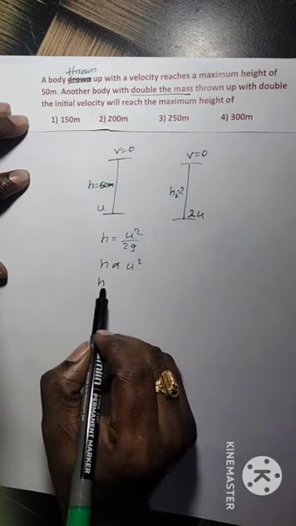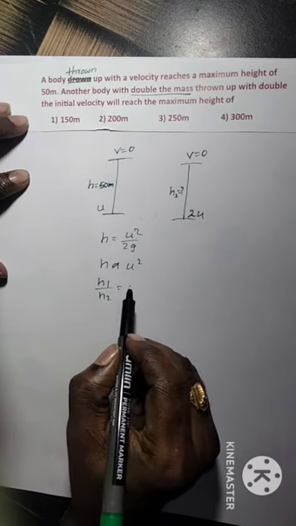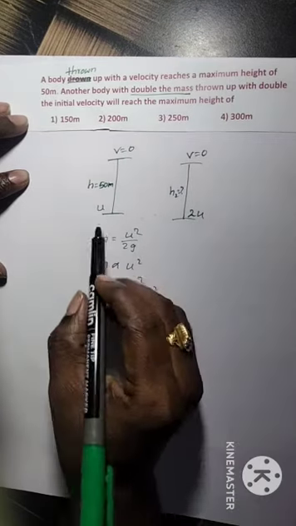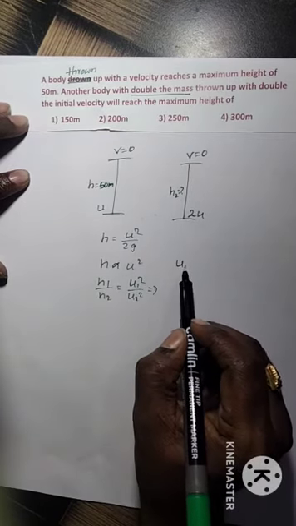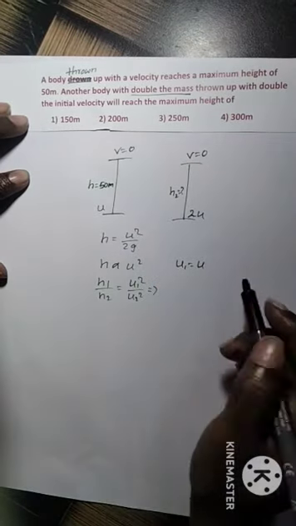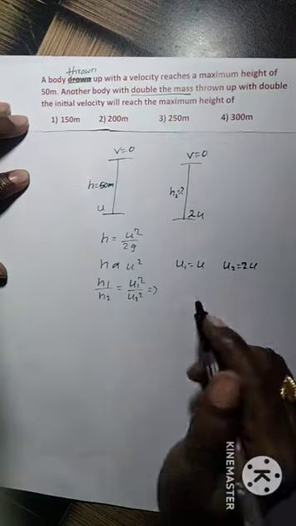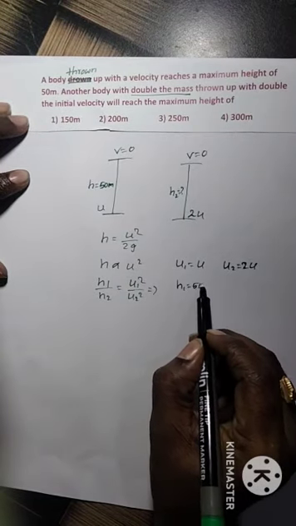Then h1 by h2 is equal to u1 square by u2 square. Here u1 is u, u2 is 2u, and h1 is 50 meters.